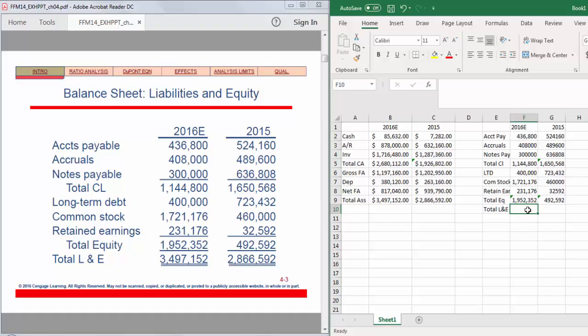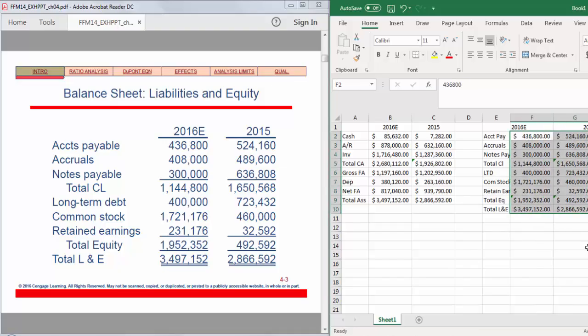And then total liabilities plus equity is going to be the current liability plus long-term debt plus total equity. And I can simply copy over, and then there you go.